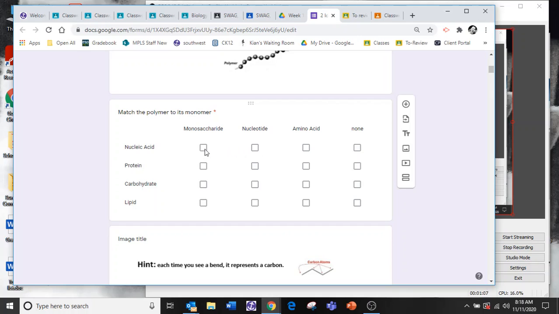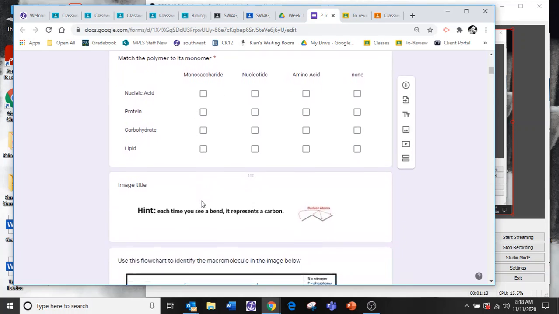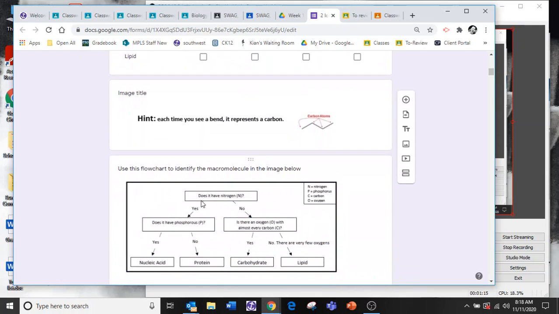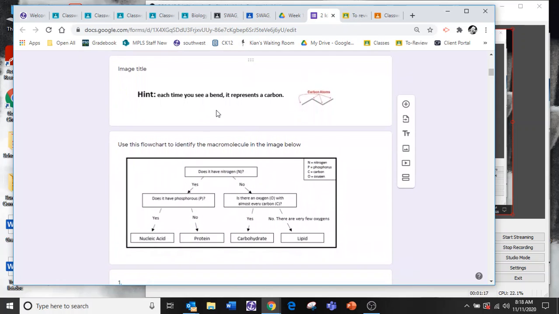So monosaccharide, which one of these is made up of monosaccharides? You're going to check a box. Okay. Now let's get down to identifying them. First of all, you have to understand that in chemistry, when we look at these pictures of molecules, wherever there is a bend, that means there's a carbon at that spot.